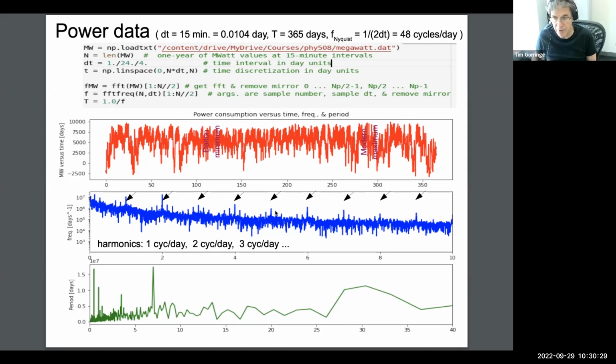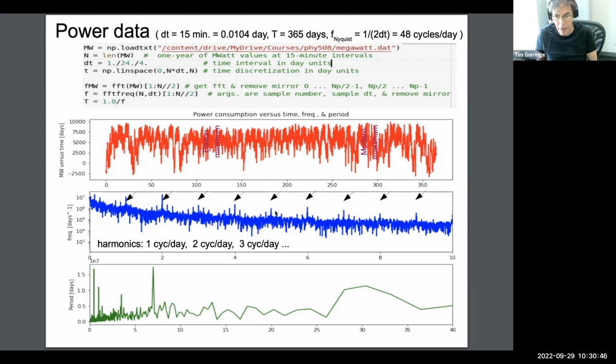Anyway, the purpose of this was to explore some fairly complicated data, the power consumption data, which has a number of frequencies in the data, which you would never see in the time domain. You'd never make all this detail out in the time domain.